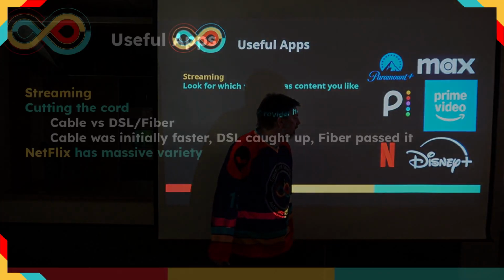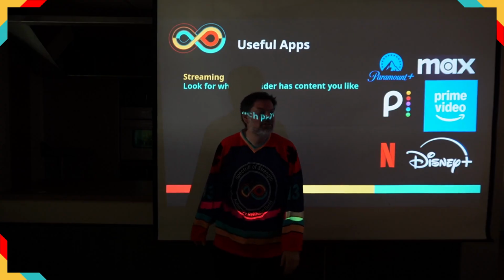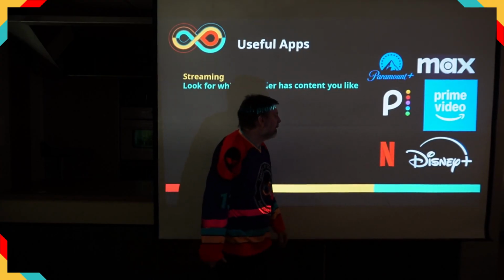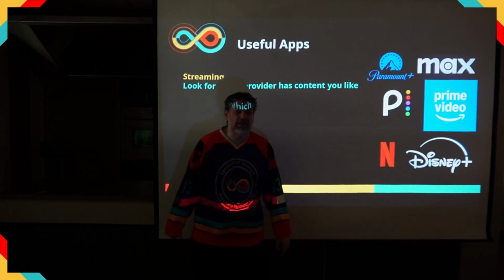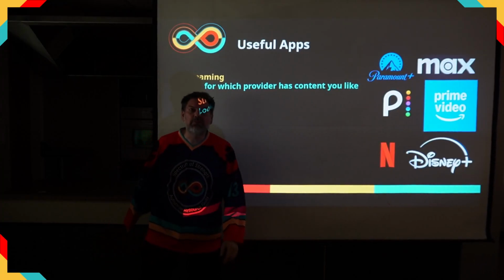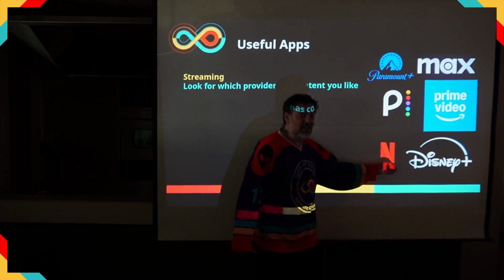But then eventually, the major studios, they realized, yeah, we're getting money from the licenses. Yeah, we are. But these guys are making a lot of money from subscriptions. We can make money from subscriptions and then bypass and still license their stuff to them.